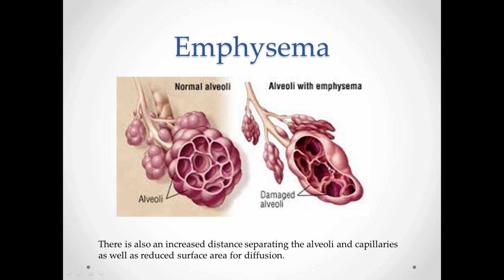Now, in the case of emphysema, where the alveoli have lost much of their elasticity, we can see that in the case of these alveoli right here, there's actually been a breakdown of this alveolar wall. You can see right here, and therefore this alveolus has summated with neighboring alveoli to make this overall alveolar airspace much greater.